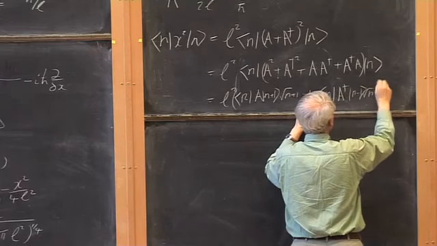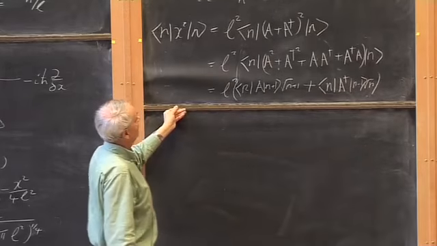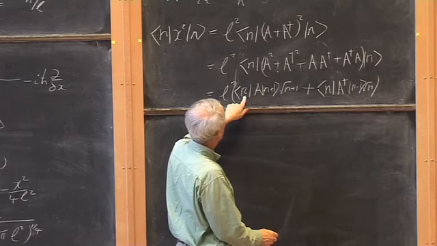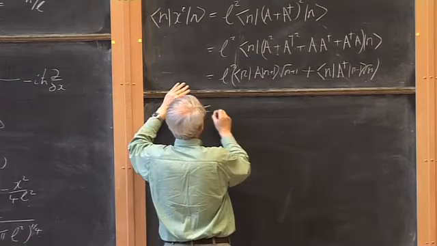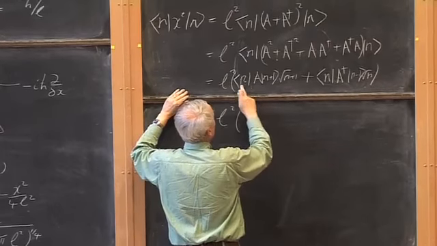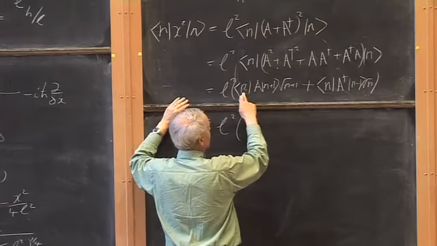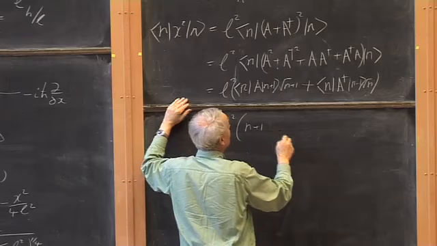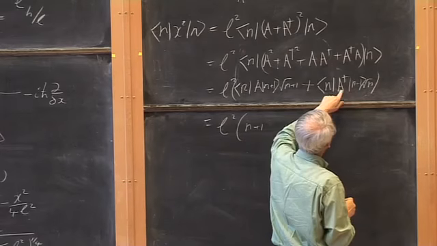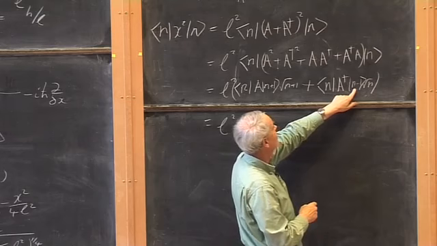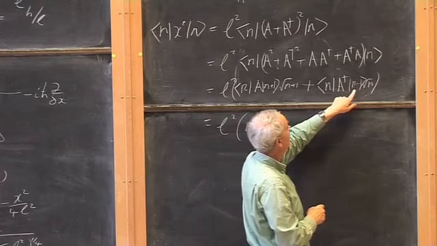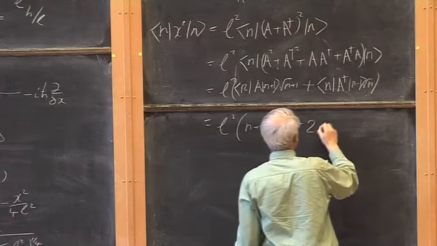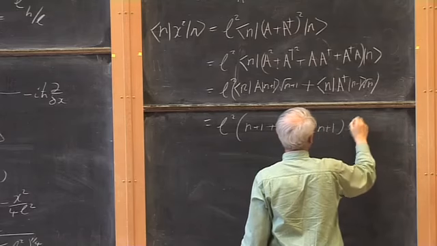Remember, it's the square root of the largest integer occurring in the equation. And then this A is going to produce a root n plus 1 times n, which will couple with this and produce 1. Right, this is going to lower n plus 1 down to n, which will produce a 1 when it meets this. And we'll have another of these square roots, so we're going to have n plus 1. And when we use this on this, this n minus 1 is going to be raised back to n, which will produce a 1 when it meets this, but we'll get another square root of n in the process, so we'll have plus n. So in other words, it's equal to 2n plus 1 times L squared.